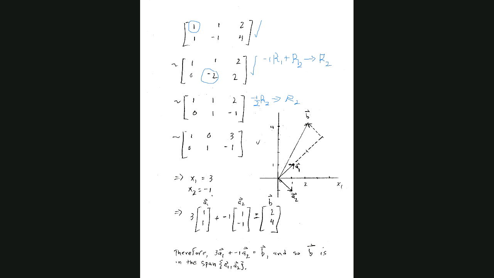Okay. And then we need to get a 0 in this spot here. So finally, I'll take -1 times the second row, add it to the first row, and replace the first row. I don't want to get my picture messed up here.